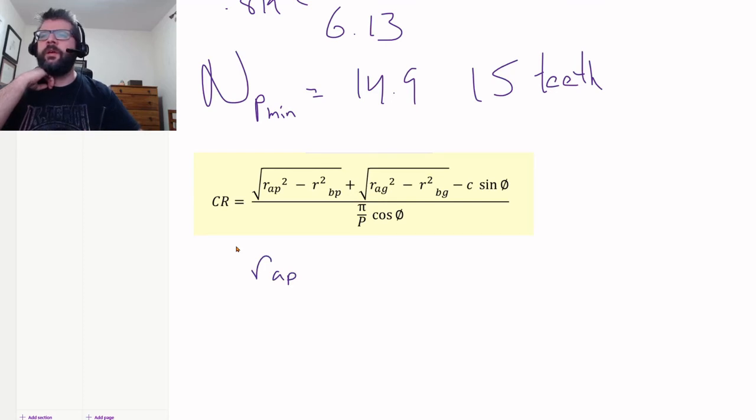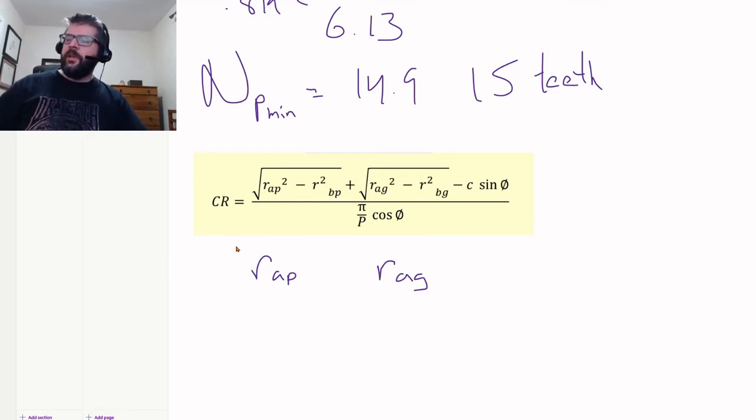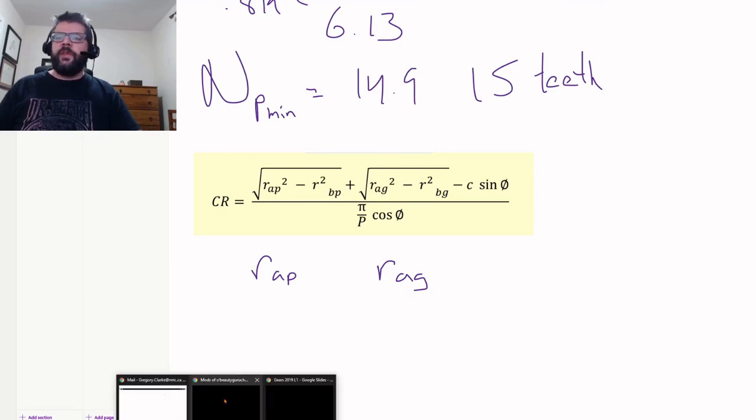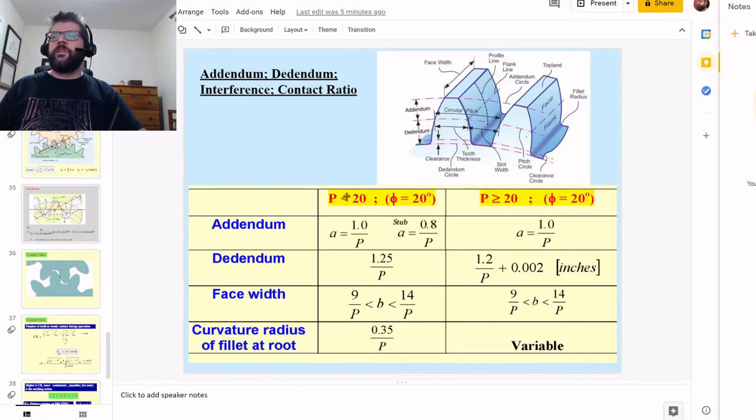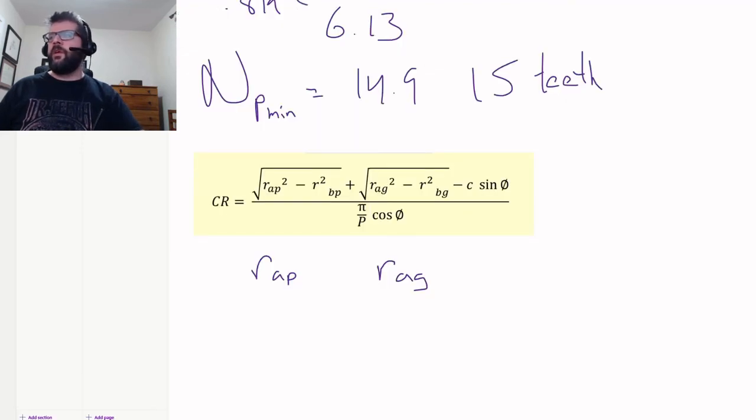We need the addendum radius of the pinion and the addendum radius of the gear. So the addendums for each of these should be the same because they're the same pitch. So if we're going for the size of the addendum, then we should be working with 1 over p. So the size of the addendum should be equal to 1.0 divided by 6 per inch.